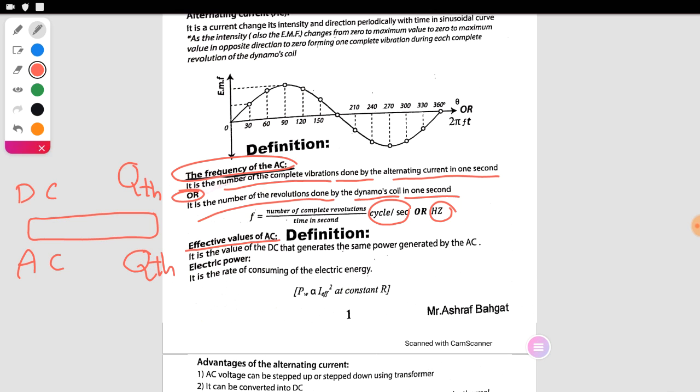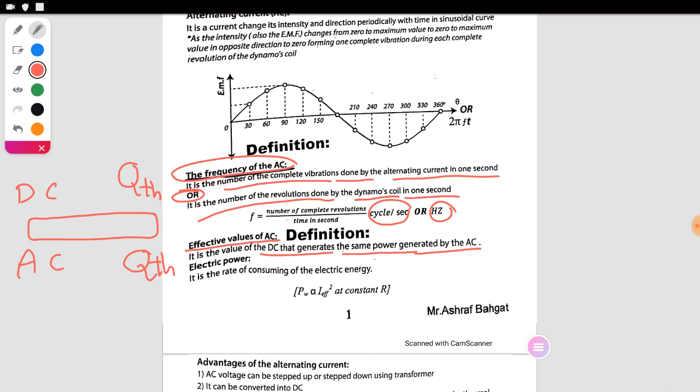If the thermal energy resulting from the direct current equals the thermal energy produced from the alternating current, this means that the alternating current has an effective value equal to the value of the direct current that generates thermal energy equal to the thermal energy generated by passing alternating current in the same conductor in the same time. Another definition: it is the value of direct current that generates the same power generated by alternating current.